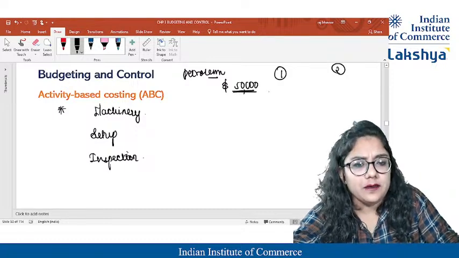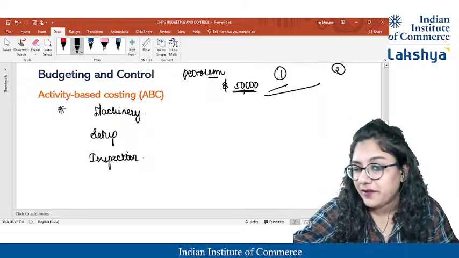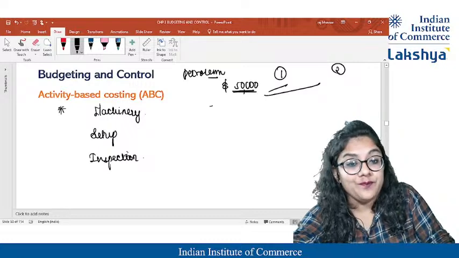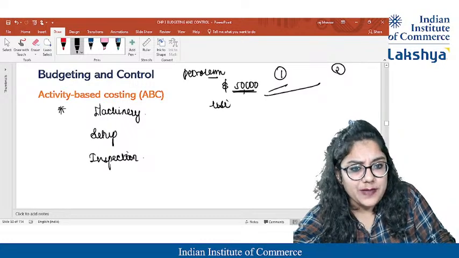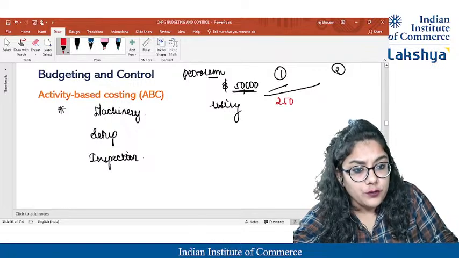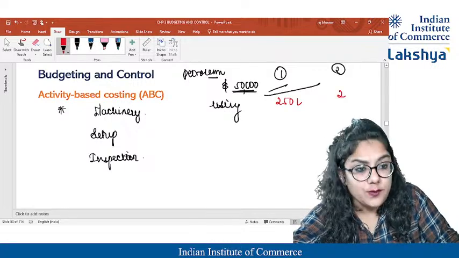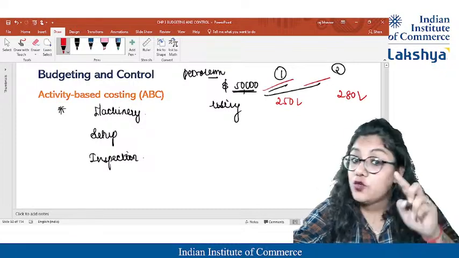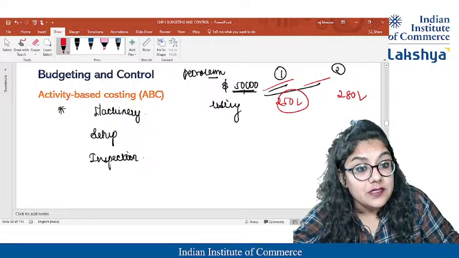So I thought I'll divide it between two, 25 each. But they told, okay, see the level of activity. I got to know that product 1 is using 250 liters, and product 2 is using 280 liters. So don't you think to bifurcate equally is not proper?